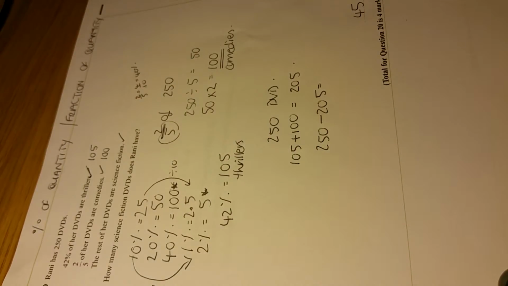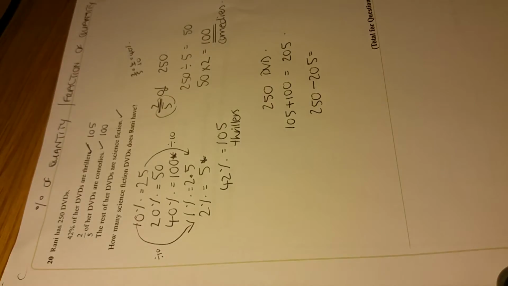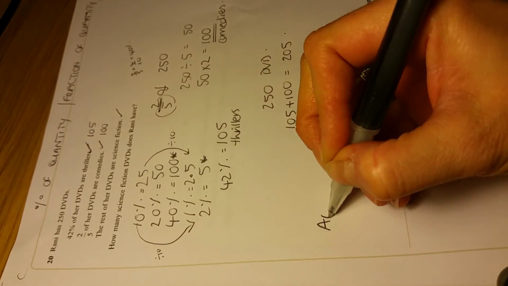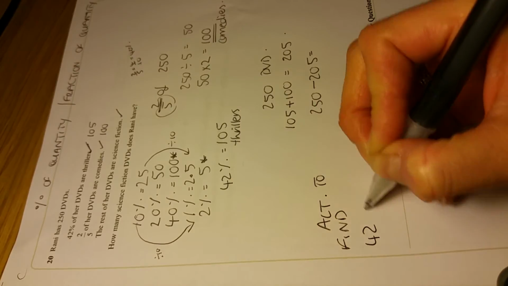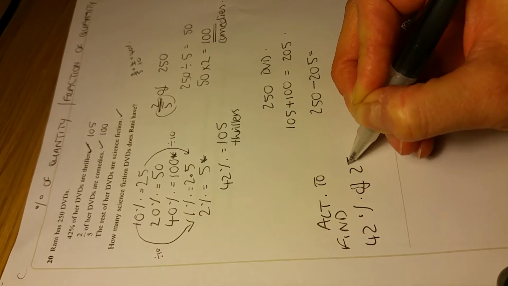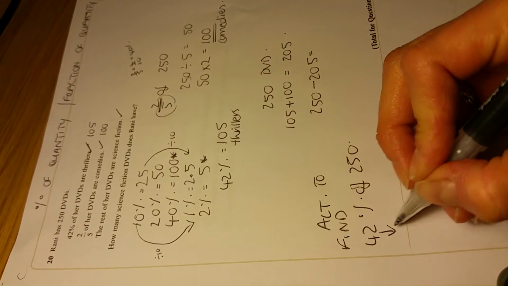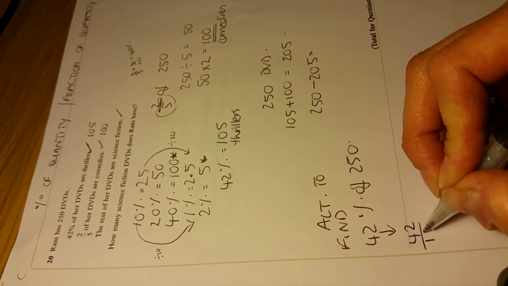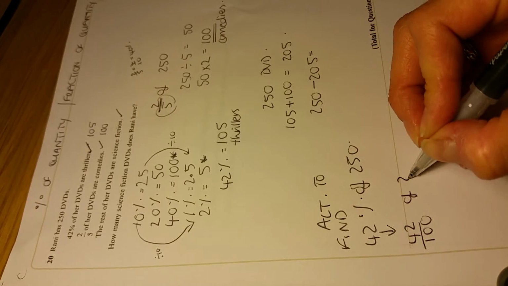Now if you want to know what is the quicker way of doing it, and it's only this bit really you can speed up. So you've got a calculator to find 42%, so this is now an alternative to find 42% of 250. Remember, percent means out of 100. So this here means 42 out of 100. Okay, so we're going to find that fraction of 250.